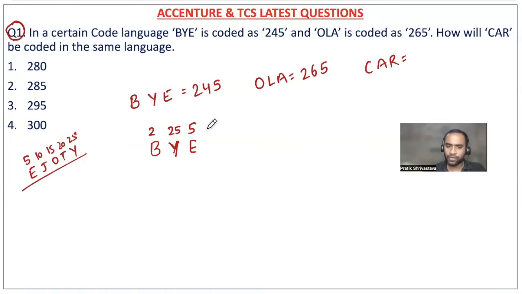If you add everything, 25 plus 5 is 30, 30 plus 2 is 32. Here it is 245, so getting some kind of logic is very tough.